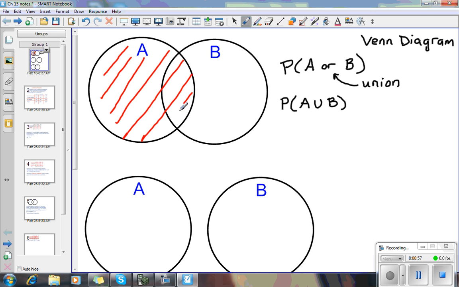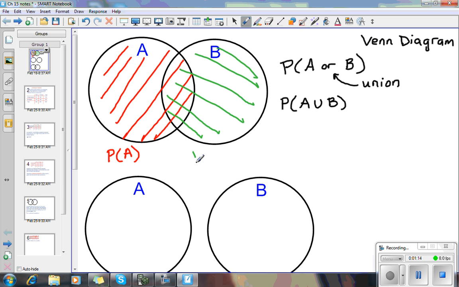So here is circle A. So this would be the probability of A. The probability of B would be everything that's in B. The probability of A union B, which I have here, consists of everything that's in A or everything that's in B. So we get the probability of A plus the probability of B, except we have a problem.